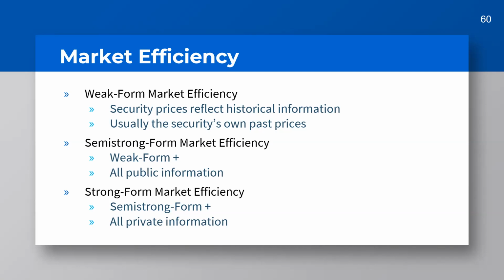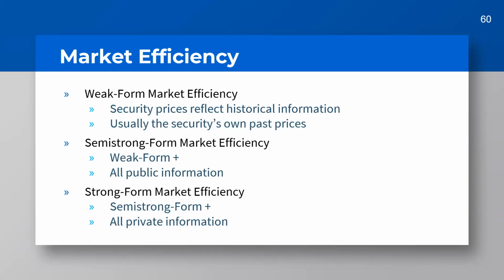This is when security prices reflect all historical information. In other words, you can't predict tomorrow's return based on what today's return looks like. That's typically how we go about testing. So weak form market efficiency means prices reflect all historical information.